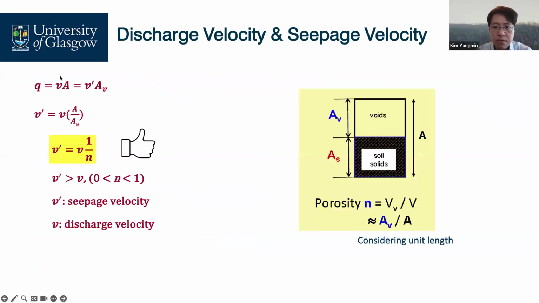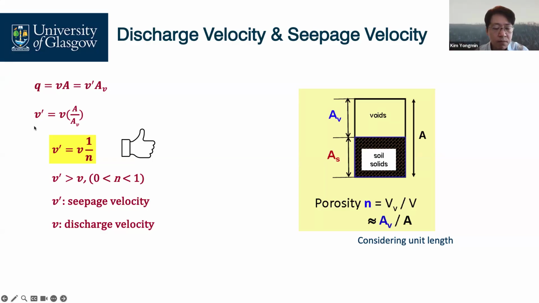The quantity of water flowing through the soil, q, is always the same. VA, which is KiA, equals V prime Av. Water flows through the entire soil cross-section, or only through the voids. The amount of water is exactly the same, right?